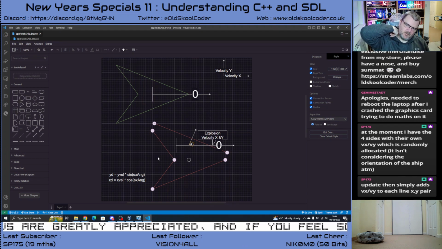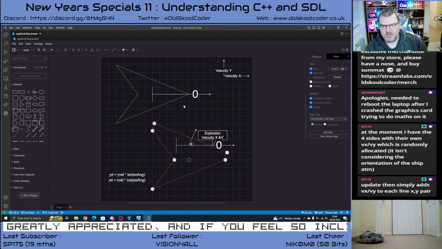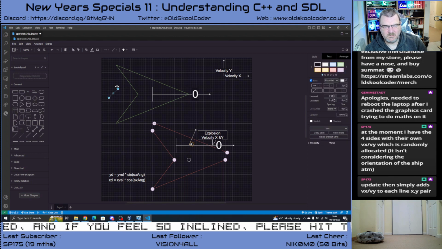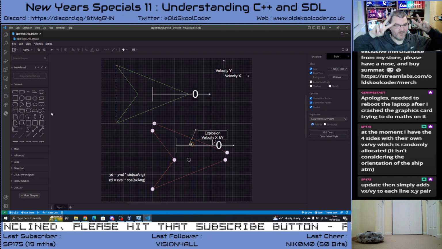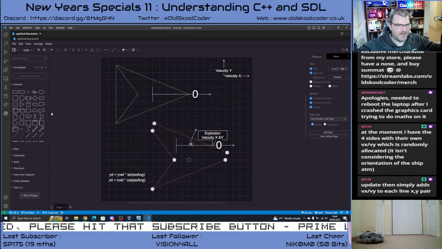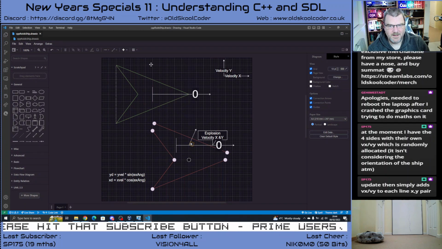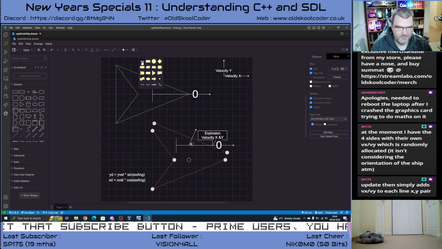Now, the way the ship's built, if we do an isosceles triangle, like that. So the maths for a triangle is all the angles add up to 180, yeah?